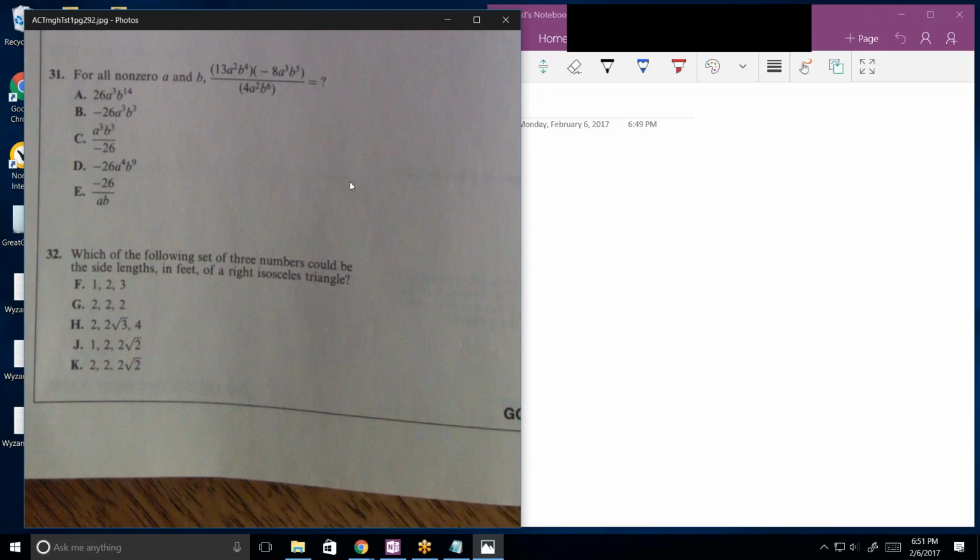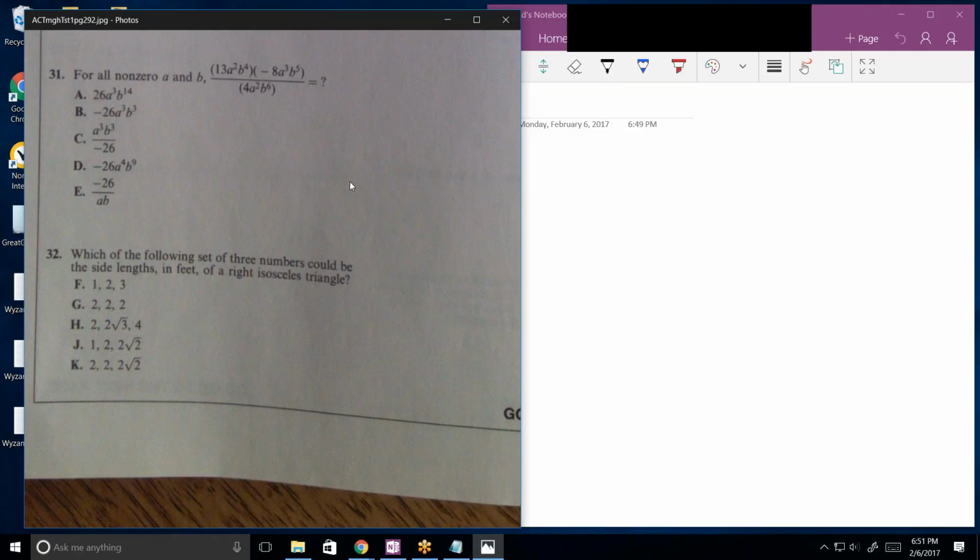All right, third. This one's kind of confusing, but it doesn't need to be. Here's why. When you have a problem like this that has numbers and 2 different variables, take it one piece at a time. Do all your numbers first. So 13 times negative 8. Hold on.